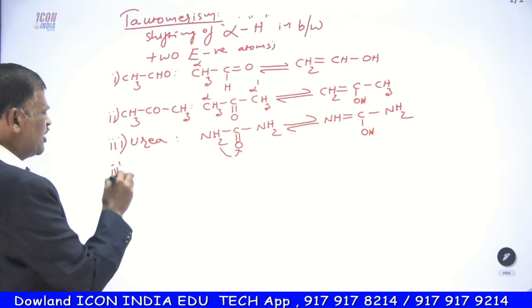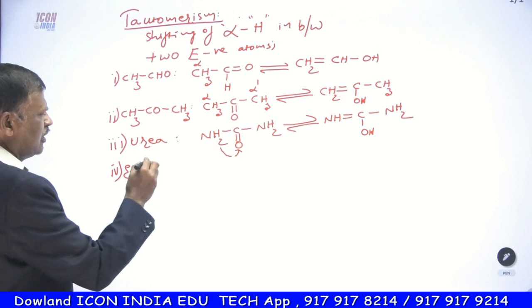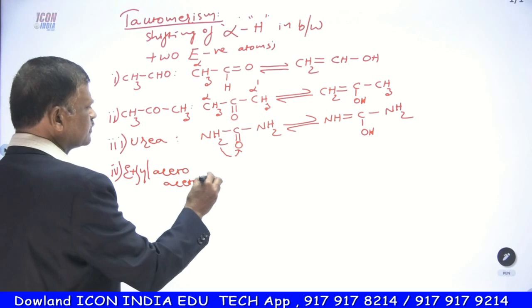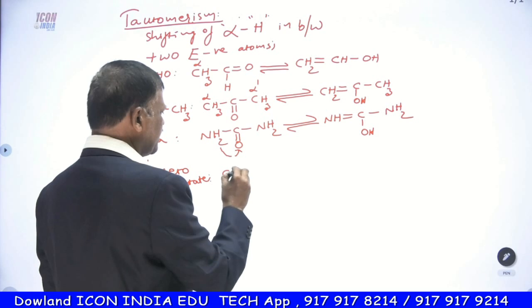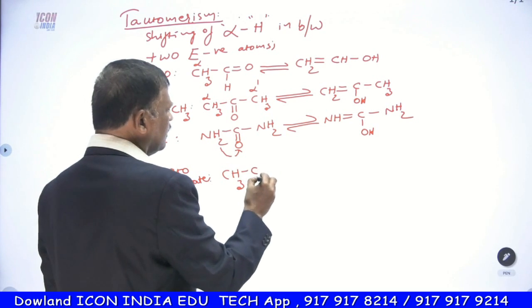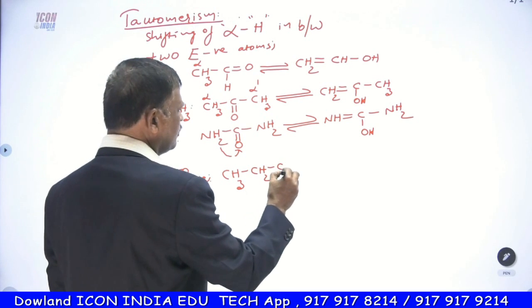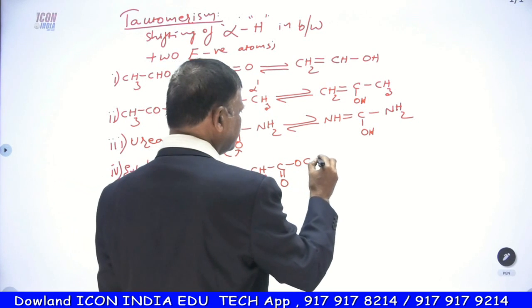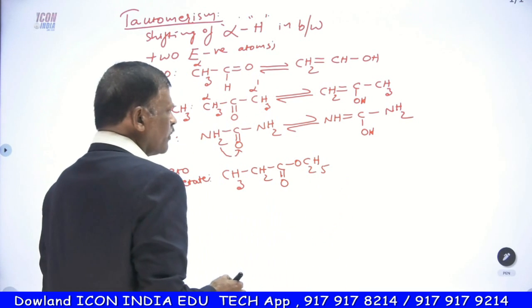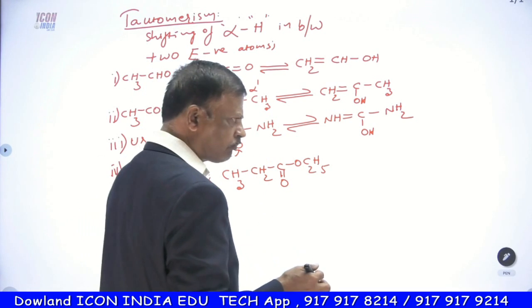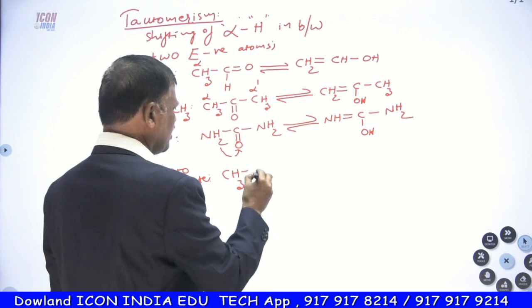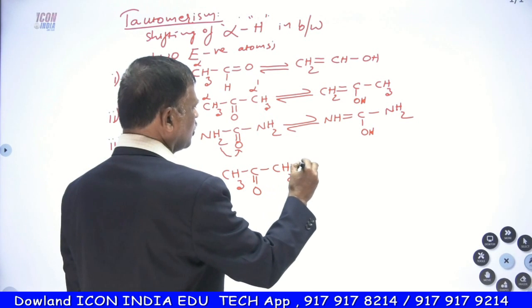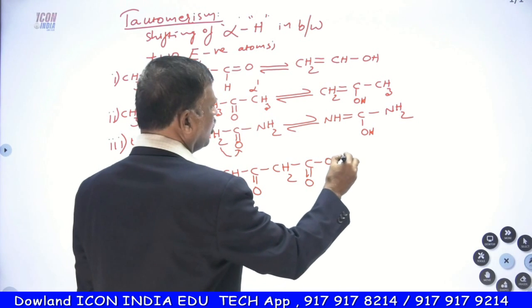We can write ethyl acetoacetate. We can write any number of examples. That is CH3COCH2COOC2H5.